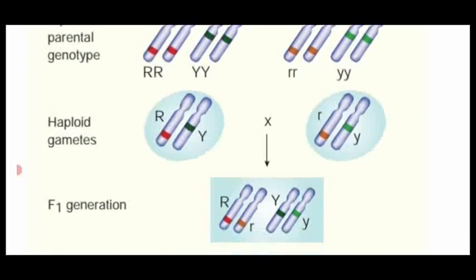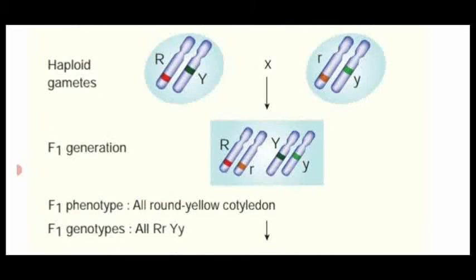So both of them joined in pairs. They just join like that. That's why it is named as law of independent assortment. Without hiding. There is no hiding, no suppression. All the possible characters are combined together to form a genetic variation. So capital R, capital Y, small r, small y are joined together.